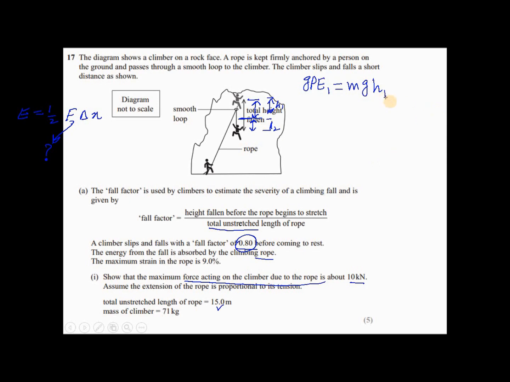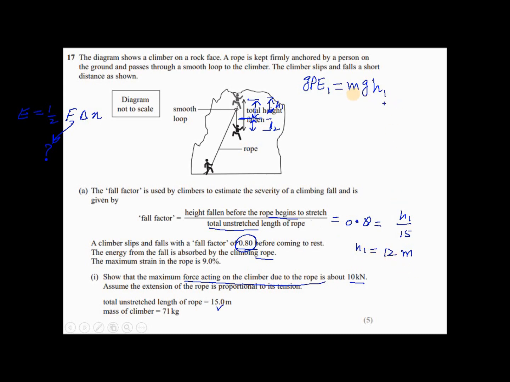So 0.8 is equal to H1 upon 15. So H1 is 12 meter. This is the height fallen before the rope begins to stretch.